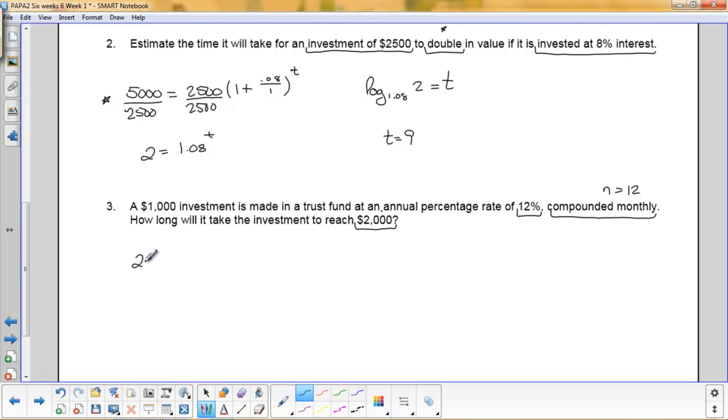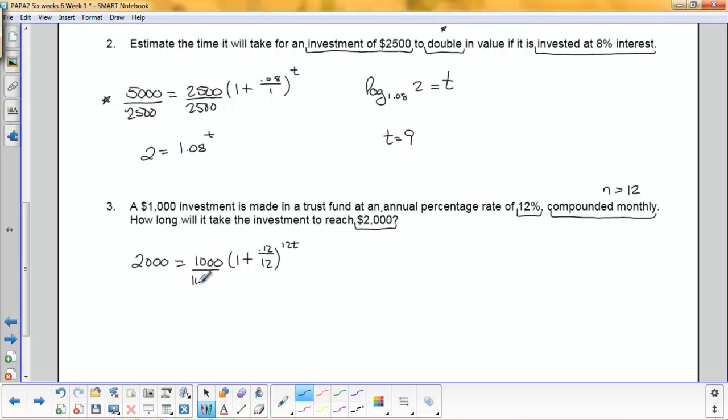So we're going to go 2,000 equals 1,000. Again, we're doubling the amount, times 1 plus 12%, 0.12 divided by n, the number of times it's compounded, 12, and that's 12 times t.